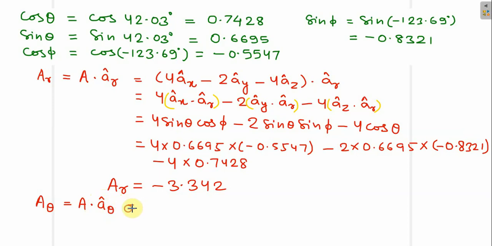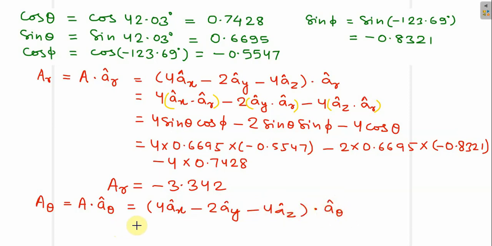So A dot a theta. Obviously this vector we will write as it is: 4ax minus 2ay and minus 4az.